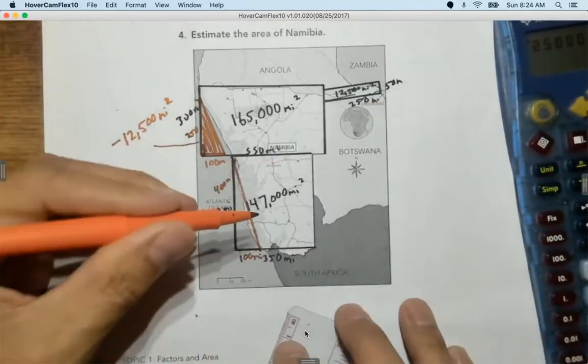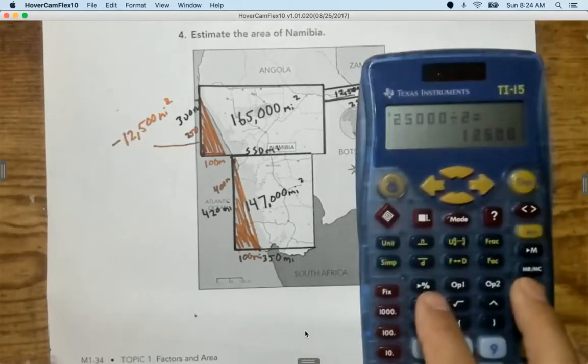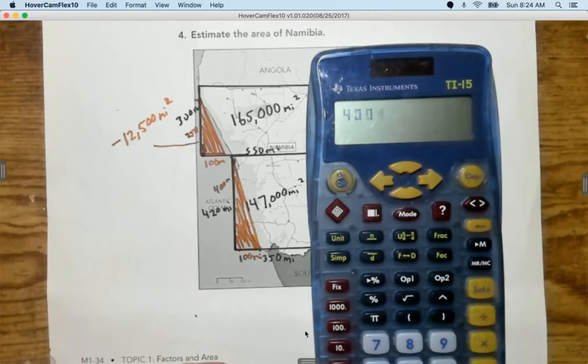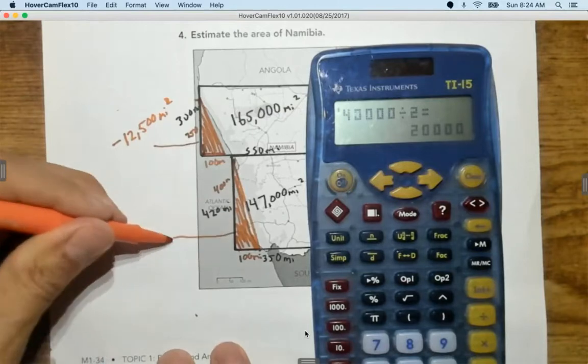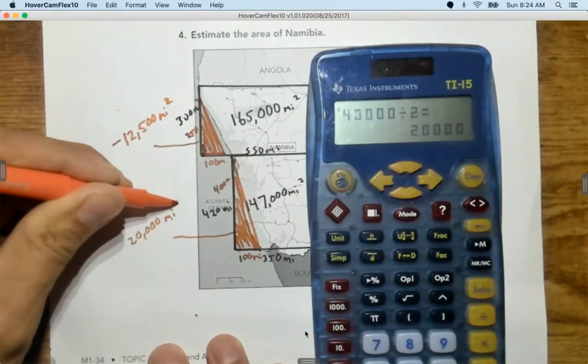And that will take out this amount, which is pretty close to that. And 400 times 100 divided by 2, because it's a triangle, would be 20,000 miles squared that I would also want to subtract.